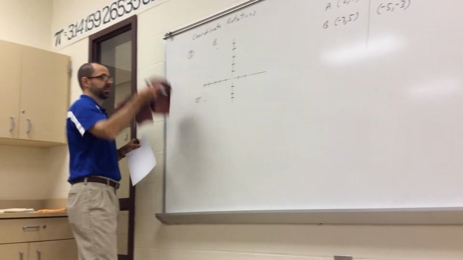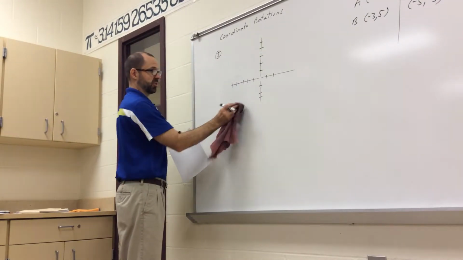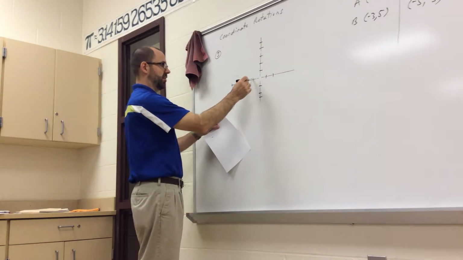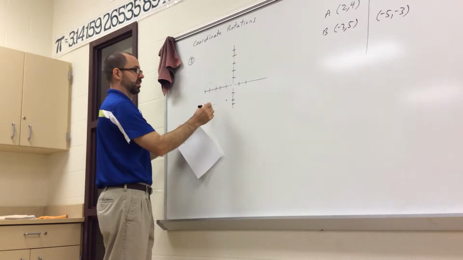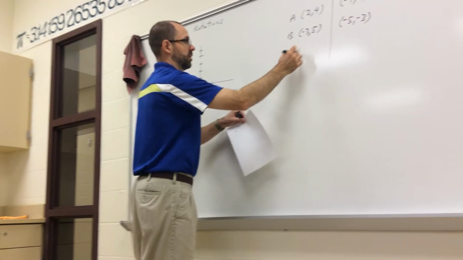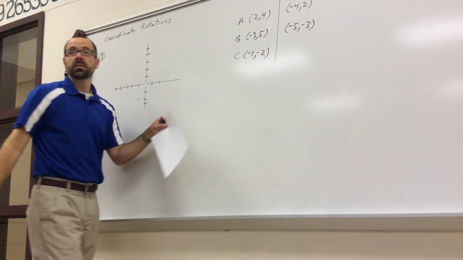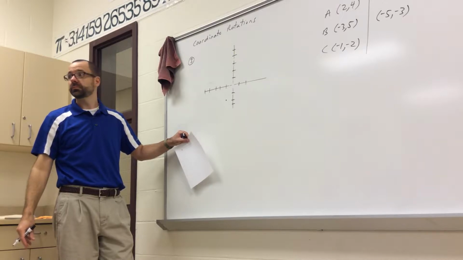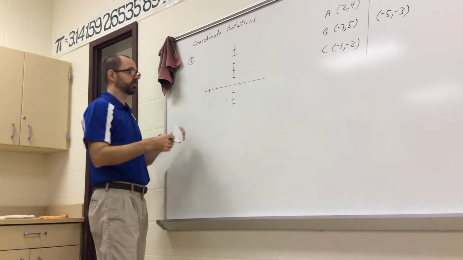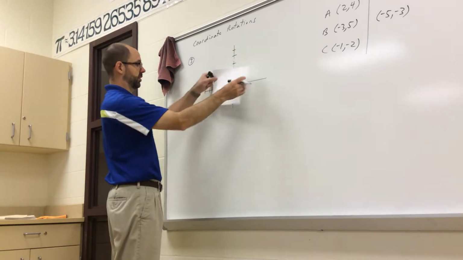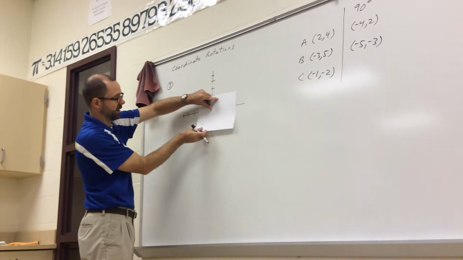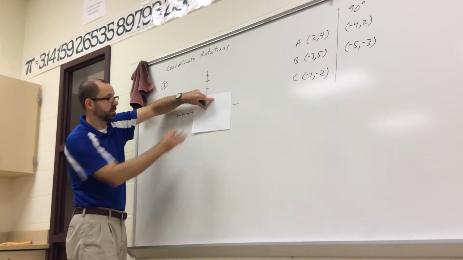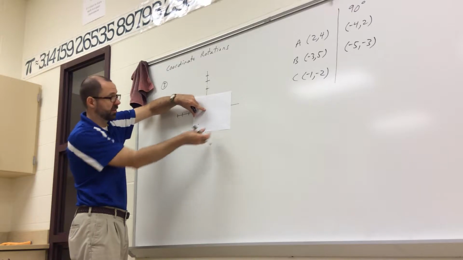Okay, now we're going to try another one. This time I'm going to have the original point be down here in quadrant 3. So let's go with negative 1, negative 2. That's C. Okay, so negative 1, negative 2. Finger on 0, 0.